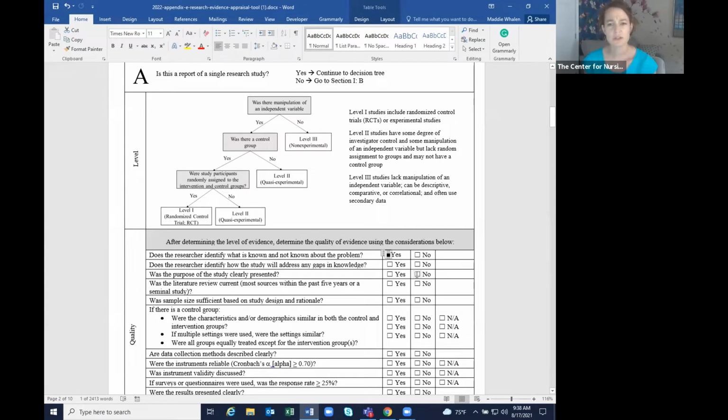I also wanted to mention that this is where it's important that they probably do a version of a PICO question to be able to fill in that information. The population would be patients with central lines. The intervention could be something like a bundle, a checklist, or a kit, compared with a human factors engineering-based implementation, which we found out from their review there isn't a ton of information on.